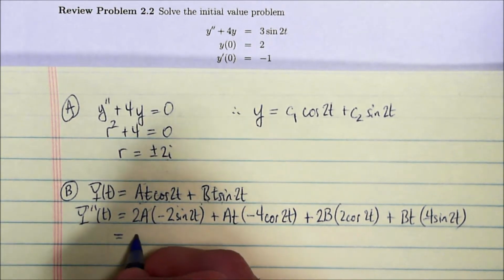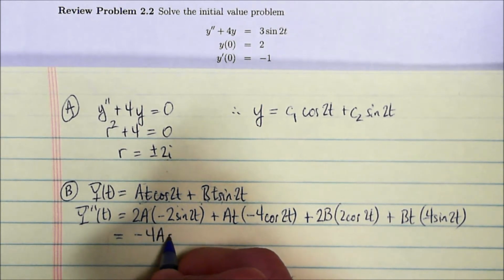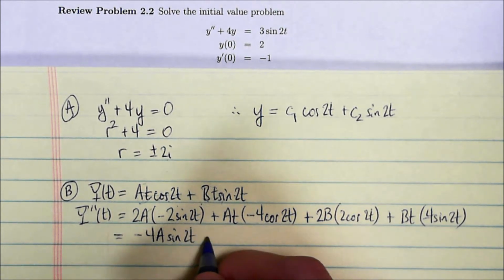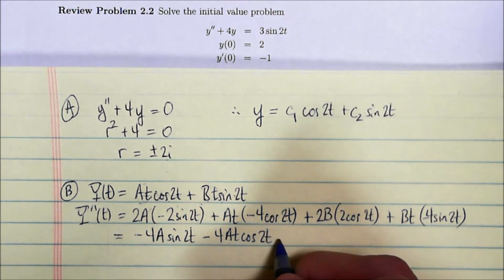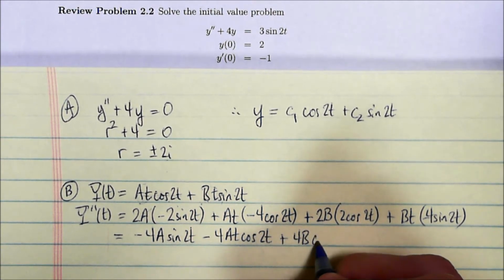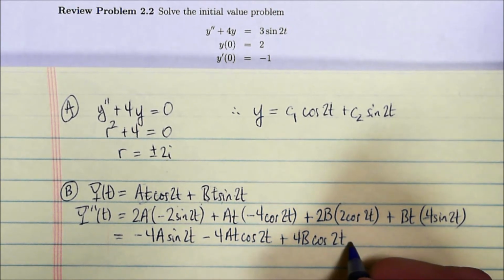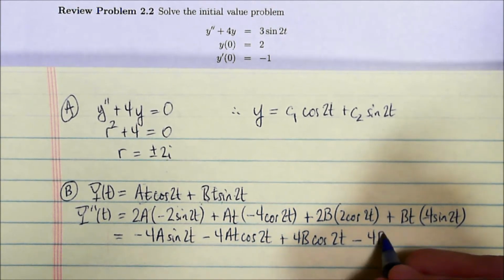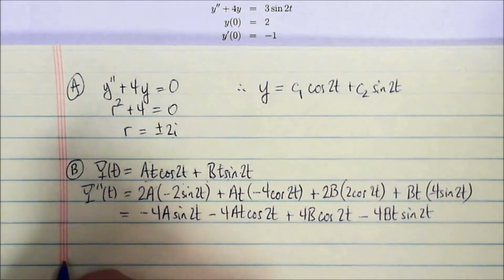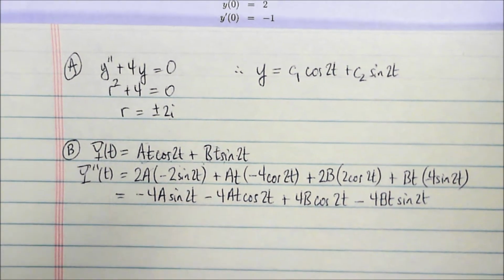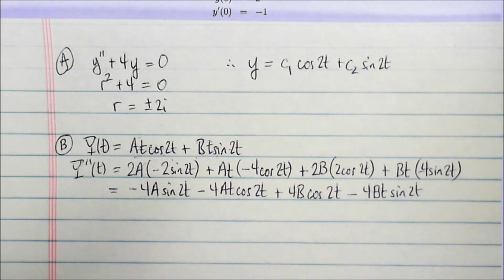And so that equals negative 4a sine 2t minus 4at cosine 2t plus 4b cosine 2t minus 4bt sine 2t. Okay, so now let's try to figure out what these constants a and b are in this equation.